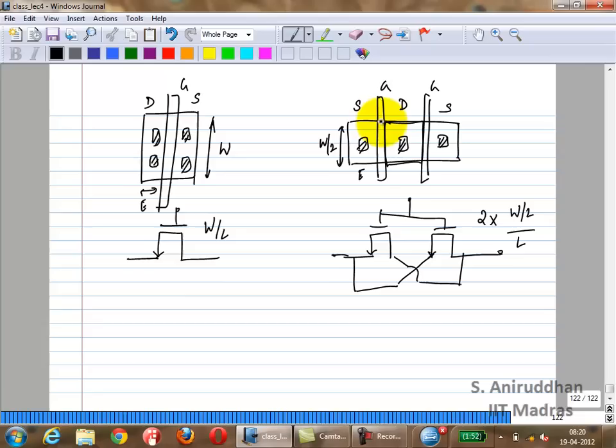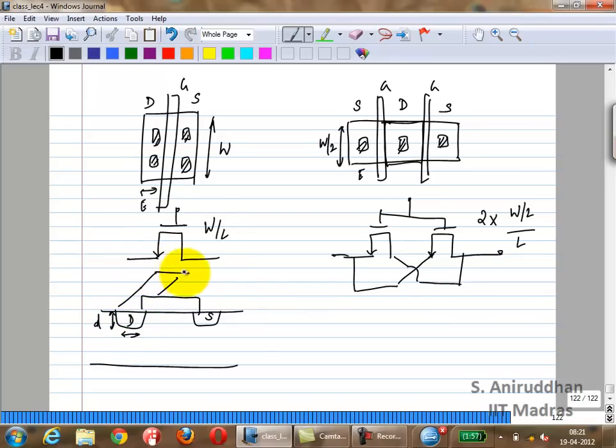What about the source capacitance? If you look at these cases, I'm going to call this small d. This is W. This is E. What is the total drain bulk capacitance?